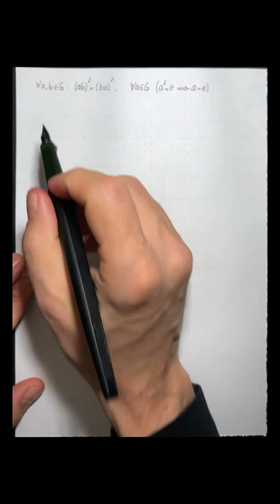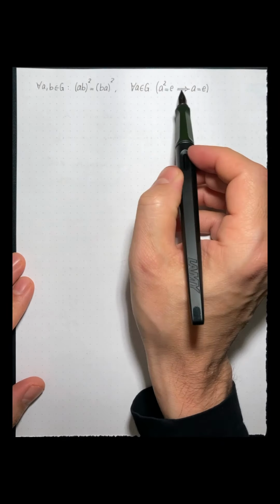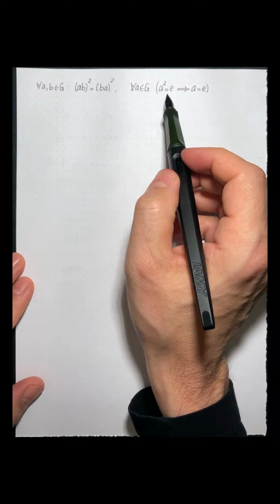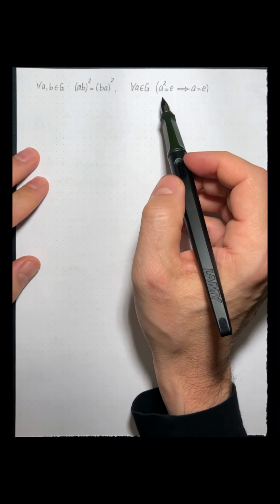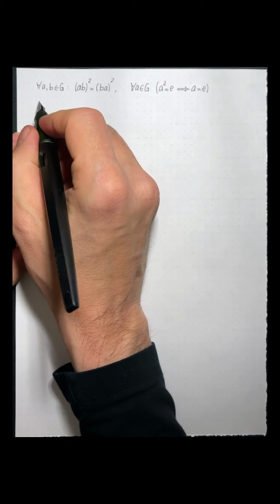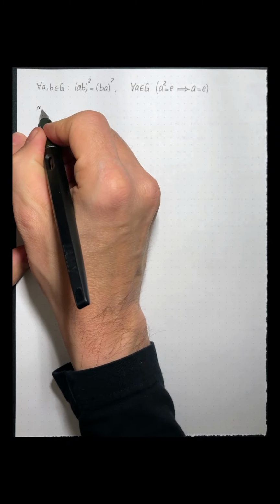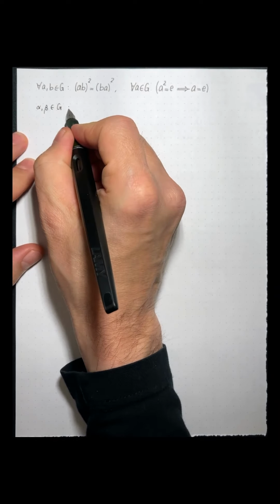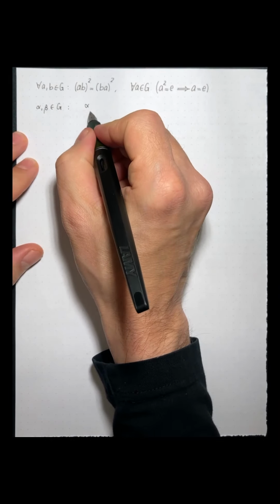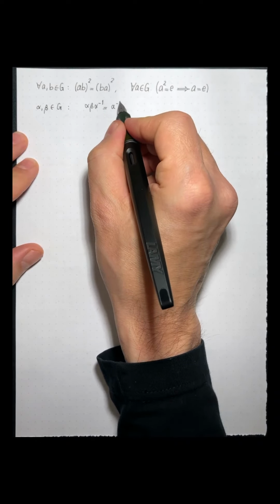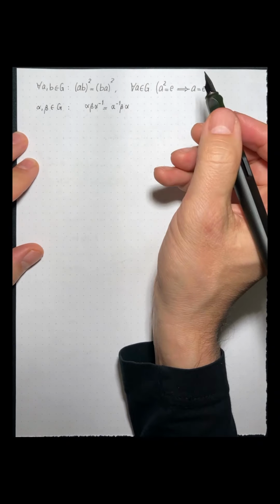Okay, so I know these two conditions. Using these properties, I want to show that the group is abelian. I start with a lemma, or a claim. My claim is that if you give me α and β in the group G, then α β α⁻¹ becomes equal to α⁻¹ β α.